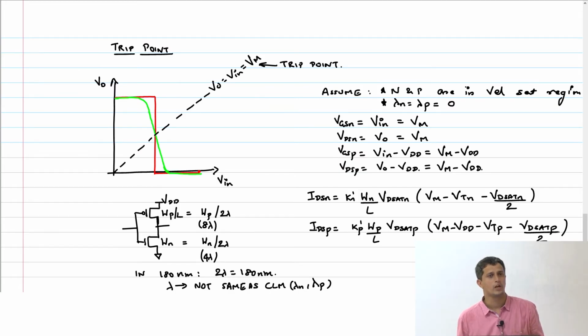When Vin equals Vout equals Vm, these are my current equations, assuming both devices are velocity saturated. This, it might surprise you, is a big assumption. When you actually solve a numerical, and you will see it in the tutorial, you solve this with the assumption, you solve the equations, you get some values.